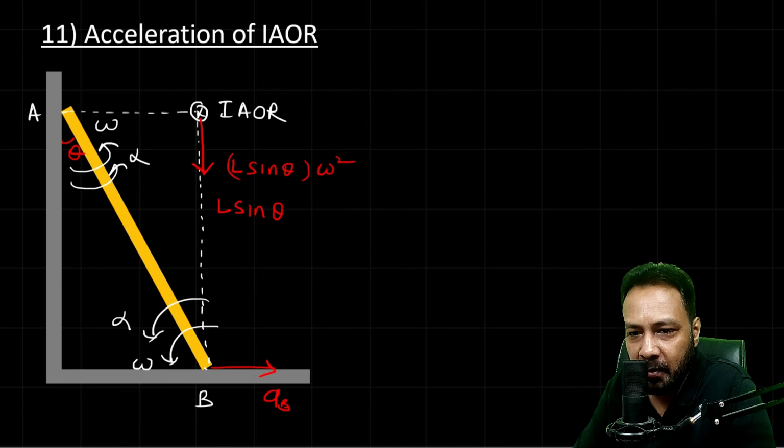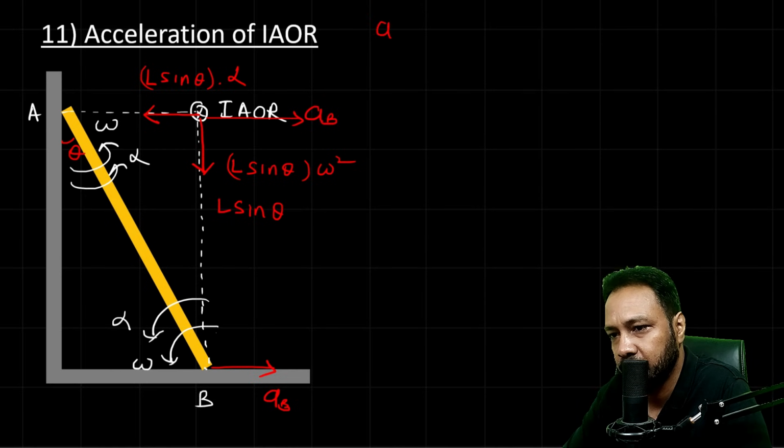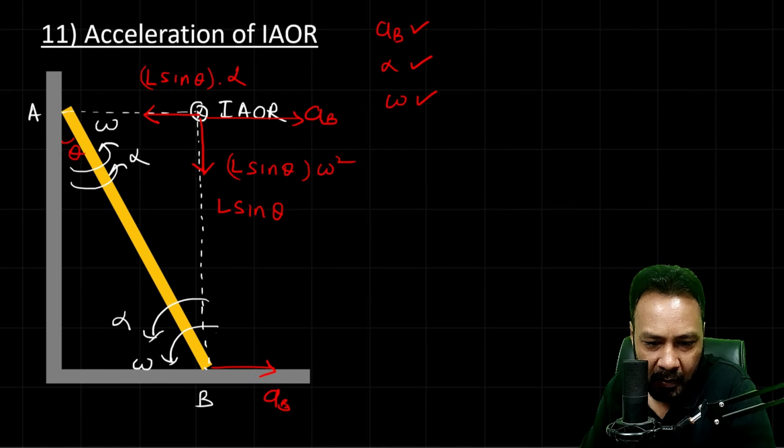And for the tangential part, that acceleration would be L sine theta into alpha, and then we have to add the acceleration of AB also. AB we got, alpha we got, omega we got. So we can calculate the acceleration of IAOR.